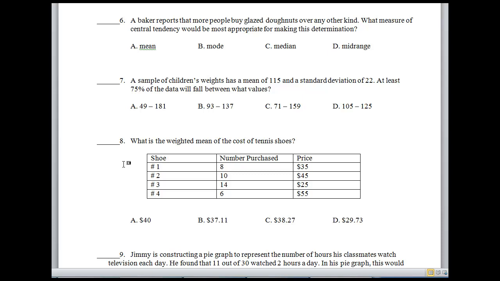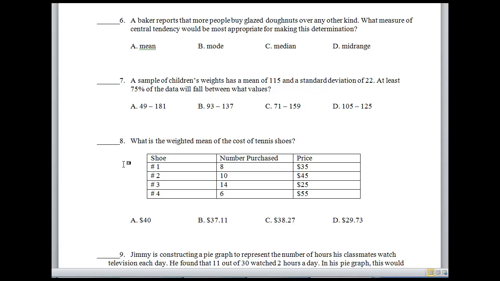What's the best measure of central tendency for the kinds of donuts people are buying? Okay. Think about the data. Go back to the basics of it, and say you're standing down at Krispy Kreme, and you got your little form, and you're writing down whatever it is you're observing. What kinds of things are you observing on each person that comes by? What they have is what? What are you observing?